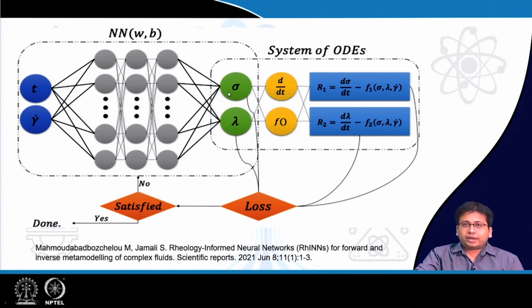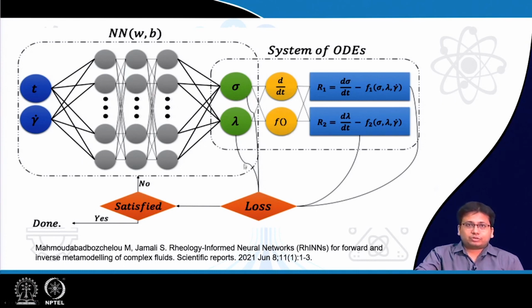So one part of the loss function is coming from comparing sigma with sigma hat and lambda with lambda hat. The other part of the loss is coming from the physics based loss, which is basically calculating whether these two equations have been satisfied or not, and if not, what is the amount of error. So we can say the prediction loss as well as the physics loss.